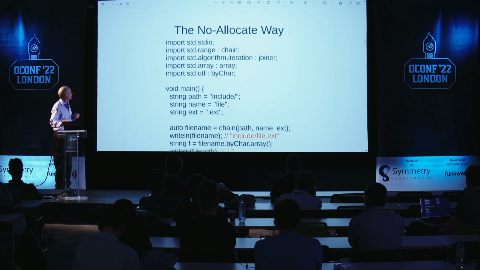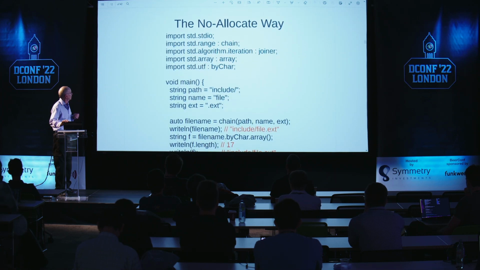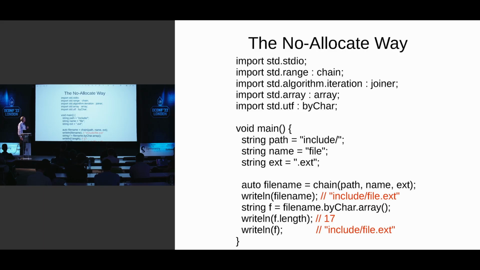And here's the no-allocate way: we use an algorithm called chain. And chain will take the path, name, and extension, and it will return an object that is not the concatenation of the three strings, but is a container holding the three strings, an object that contains the three strings.